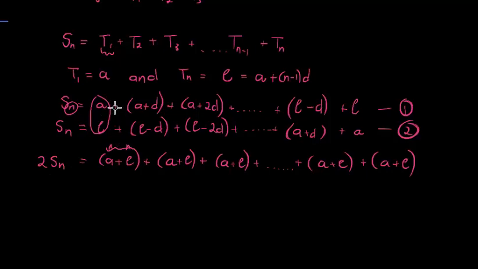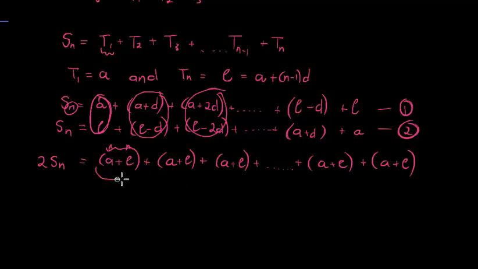Look here. There's N terms of these, isn't it? There's N terms here. There's N terms there. Now I group these two together. How many little groups will there be? N of them. Now each one of those little groups simplifies to A plus L. So how many little brackets will there be?